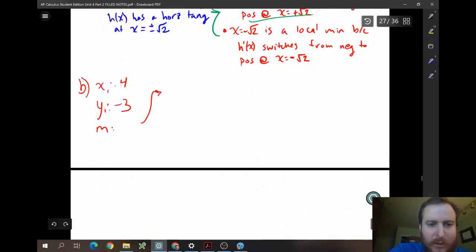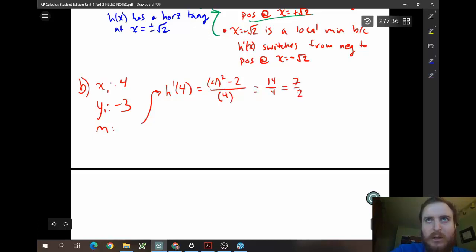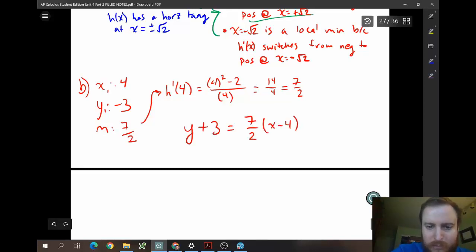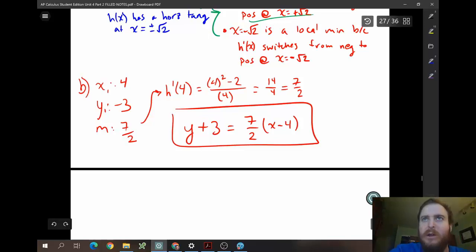And then m is the same as h prime of 4, right? And this is x squared minus 2 over x, so 4 squared minus 2 over 4. So this gives 16 minus 2 is 14 over 4, which we can simplify to 7 halves. So that's our m. And so our tangent line would be y minus negative 3, or y plus 3, equals 7 halves times x minus 4. And then we can just box that. This one was worth 3 points.